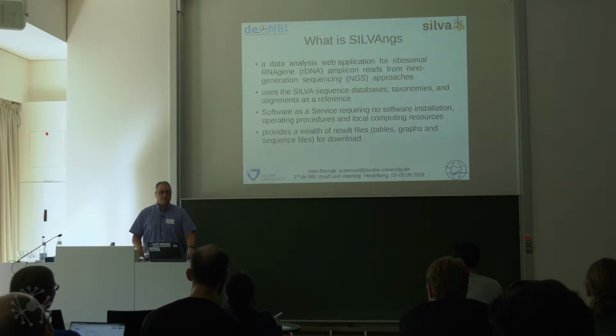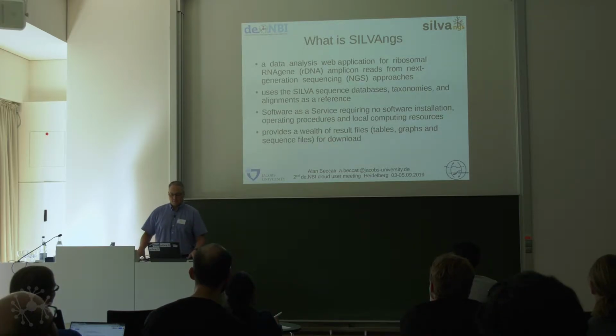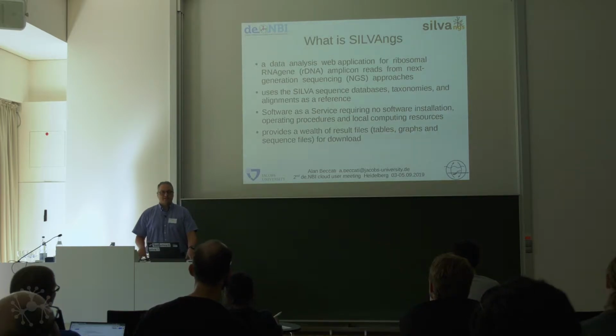It has a peculiarity that it uses the Silva databases, because the Silva project also has a core asset in providing the Silva sequence database and the taxonomies. And so the analysis service uses, of course, these taxonomies for providing the results. The results available to the scientist are in the form of tables, text files, graphs, and sequences that the user can download after having the analysis.